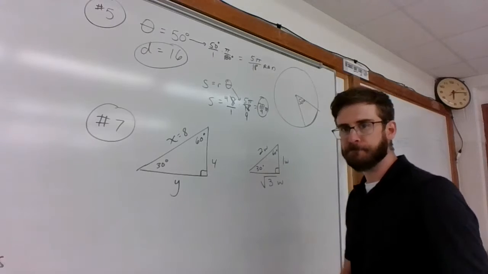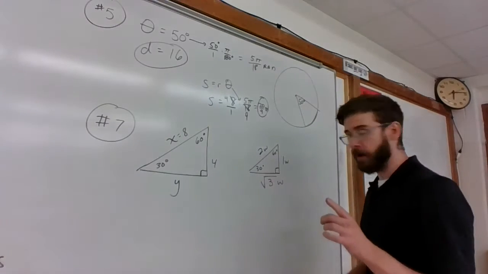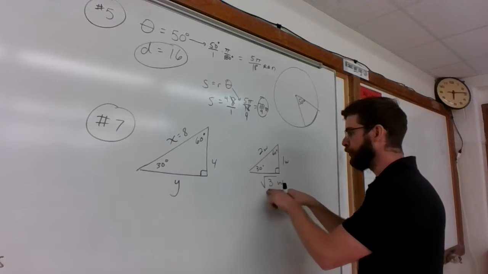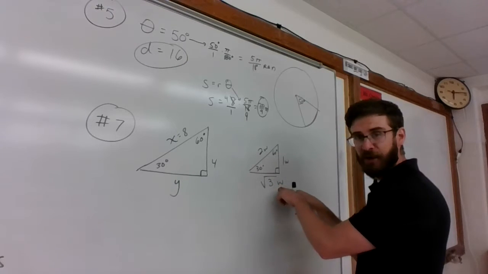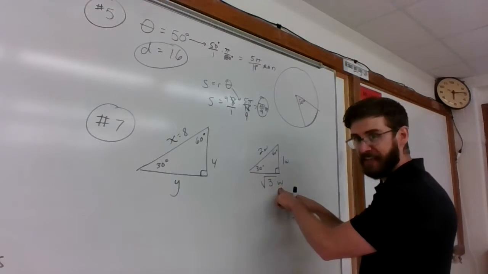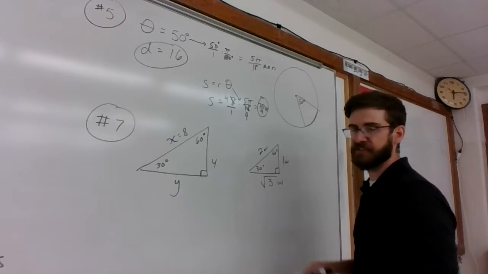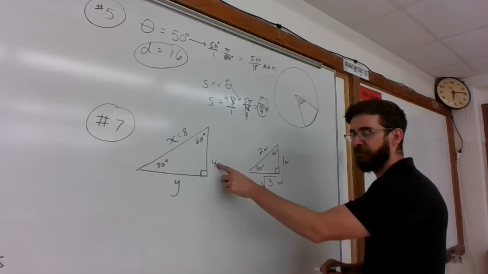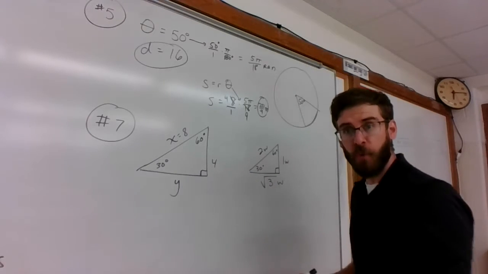Okay? Furthermore, they're saying that root 3 times that scale factor, whatever that might be, that W, is going to be this side here. So 1 times blank gives me 4. 1 times 4 gives me 4.